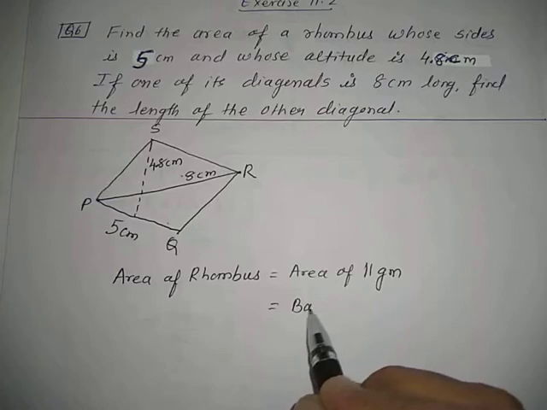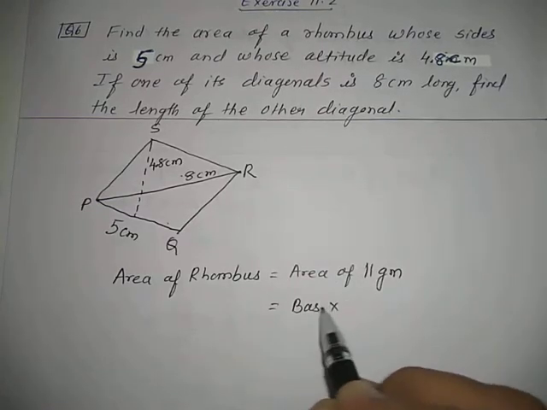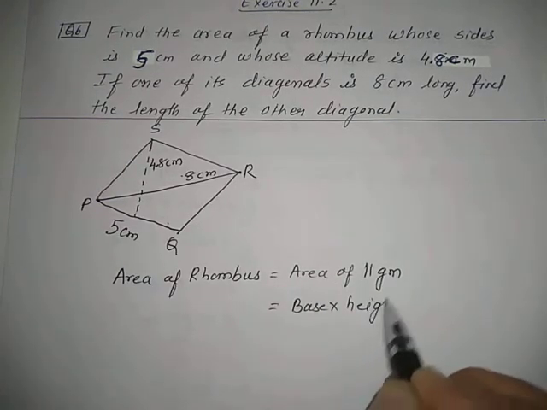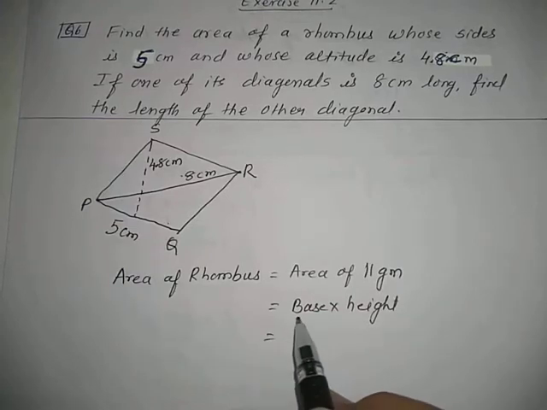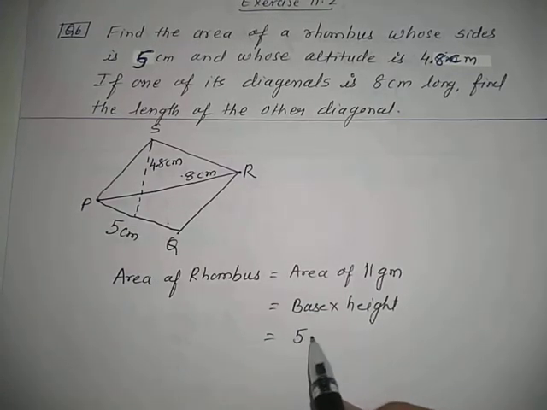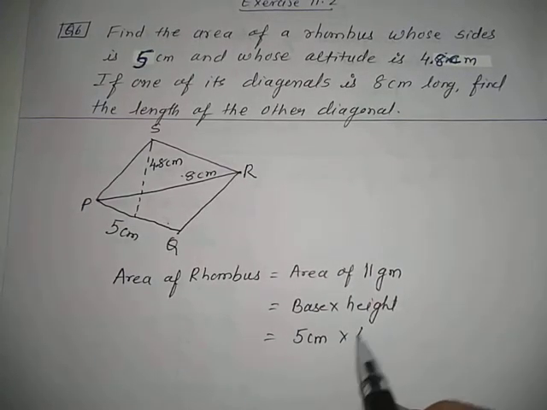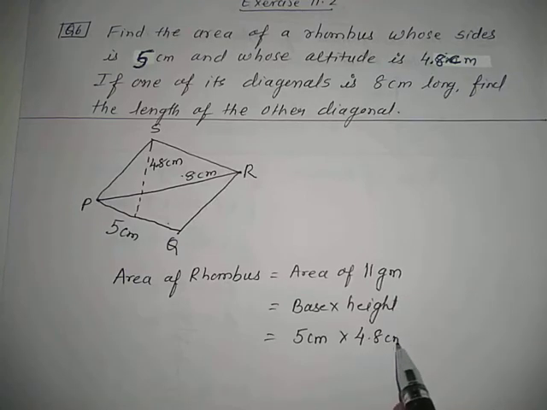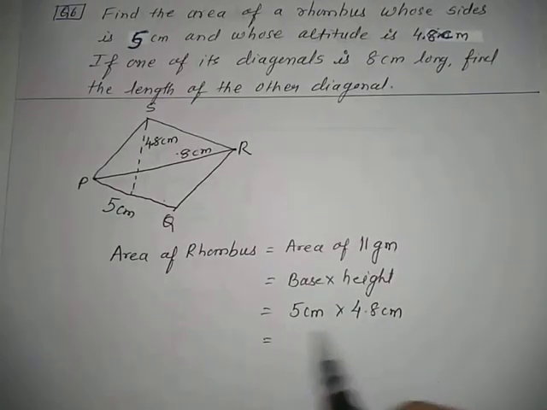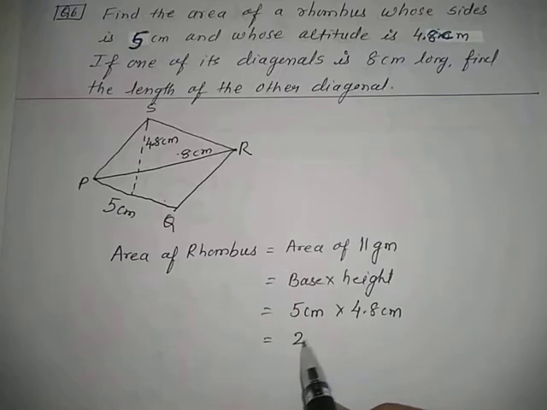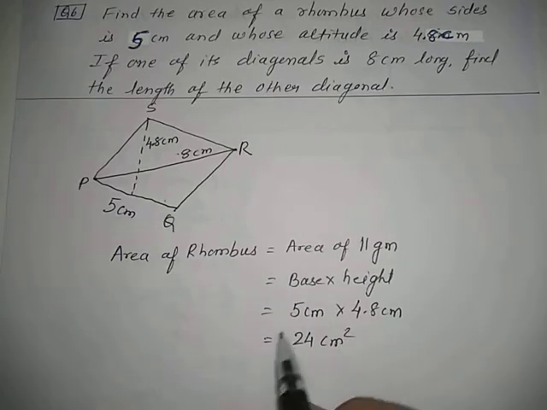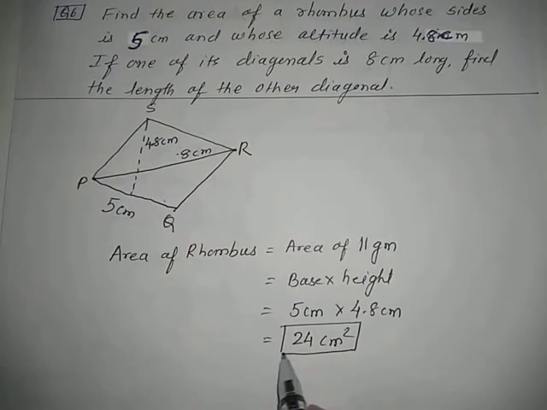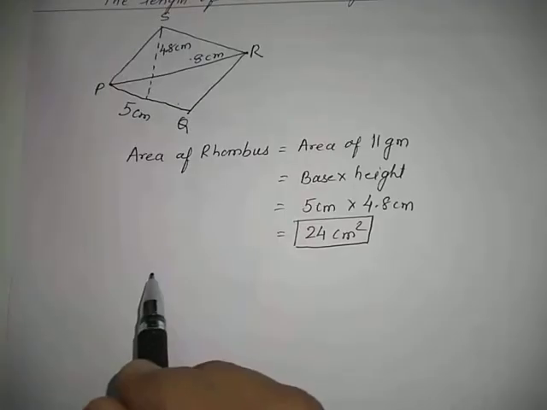So base multiplied by height. So base is equal to 5 centimeter and 4.8 is the height. If we multiply this, we are going to get 24 centimeters square as the area of the rhombus.